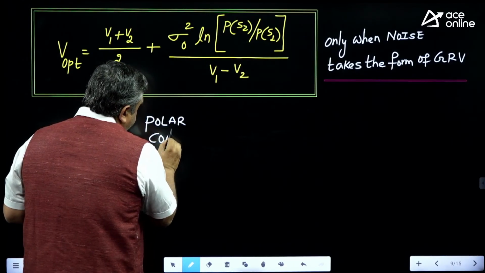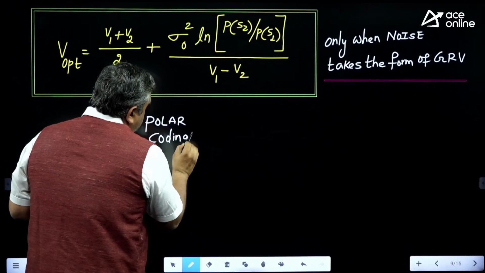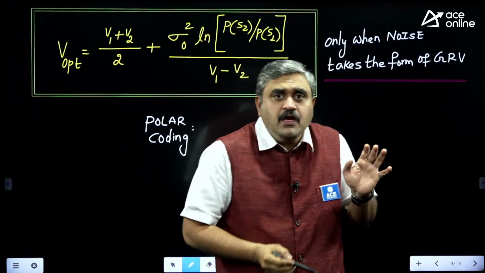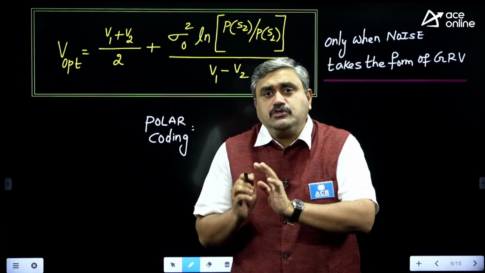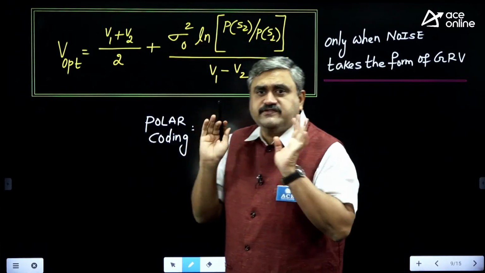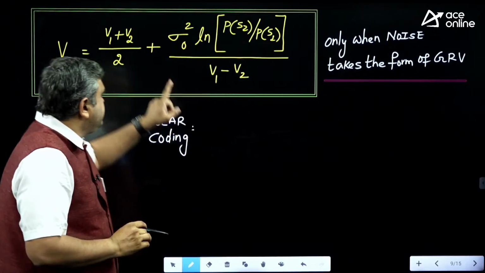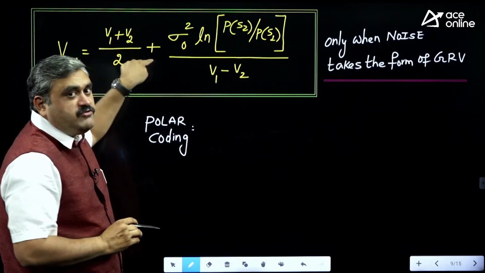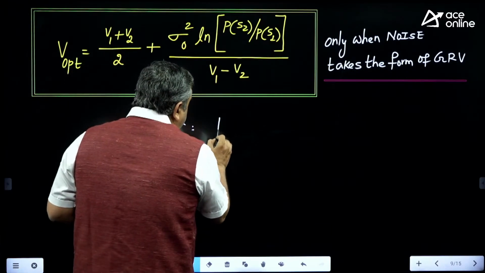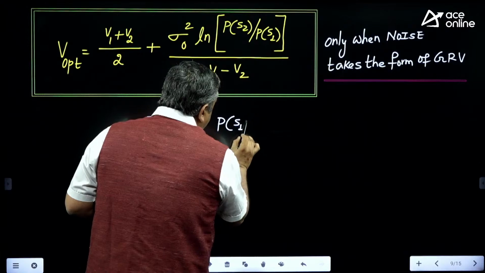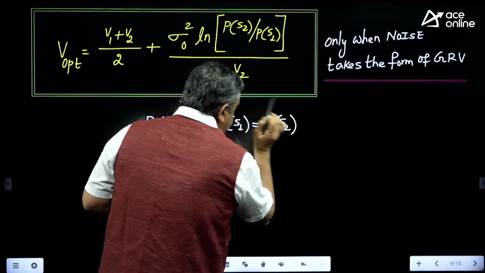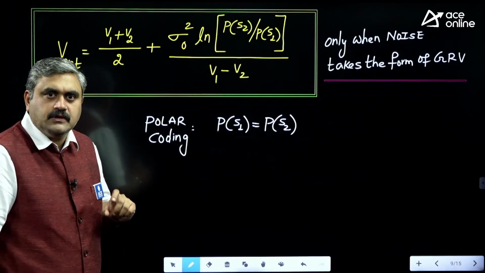Polar coding means what? You will use bit 1 as a positive voltage, bit 0 as negative voltage. So automatically when they get processed through different blocks, the value of V1 and V2 will be exactly equal but opposite in sign. That means the sum of these two, first part of your optimized value of threshold voltage automatically becomes 0. Now, if you take P of S1 happens to be equal to P of S2, that means the diagram which I have shown, correct or not?